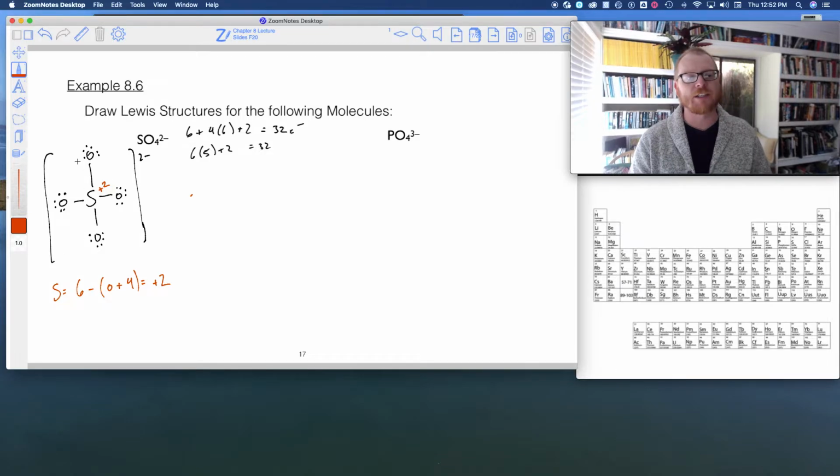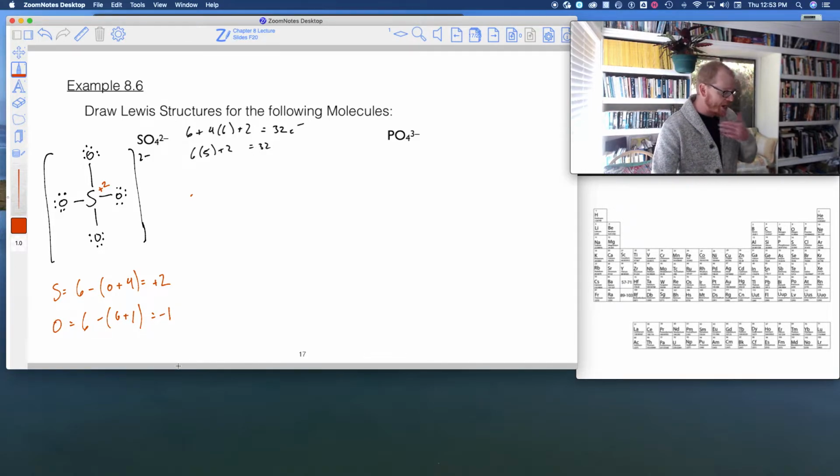So now what about oxygen? We only have to do it for 1 because all 4 of these oxygens are equivalent. Oxygen has 6 valence electrons, minus dots: 1, 2, 3, 4, 5, 6 dots, plus 1 stick. So 6 minus 7 equals -1.